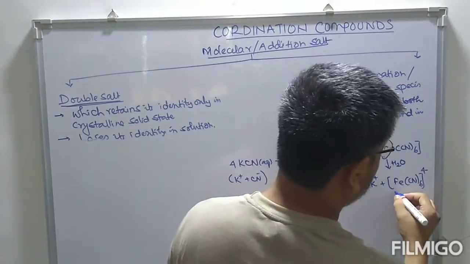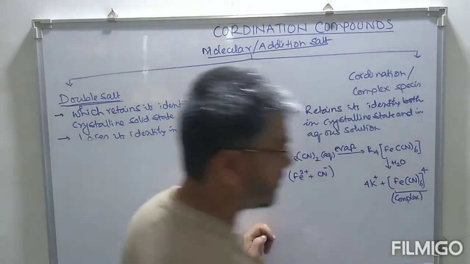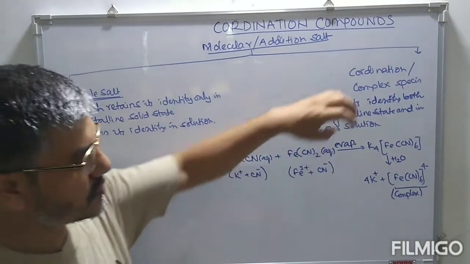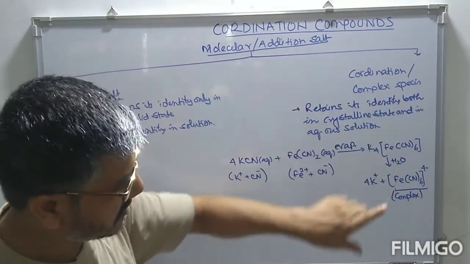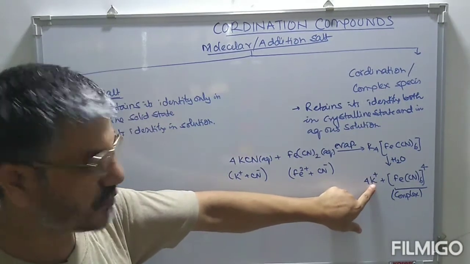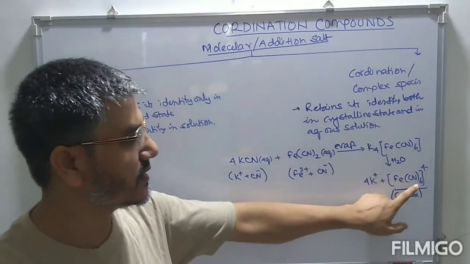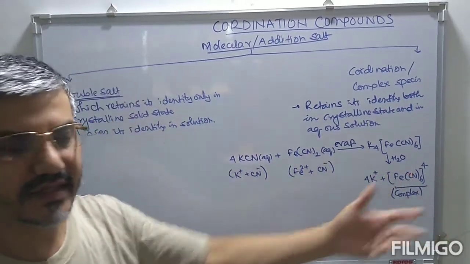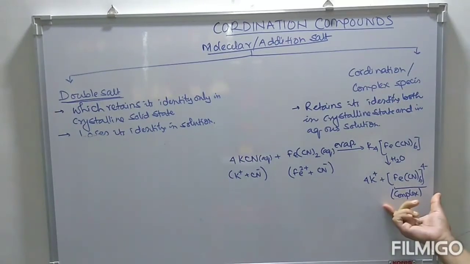This is what we call as complex anion. Now, the aqueous solution of this coordination species gives the test of potassium ion only. This does not give the test of ferrous ion, does not give the test of cyanide ion. Entirely a new species is formed which is known as complex species.